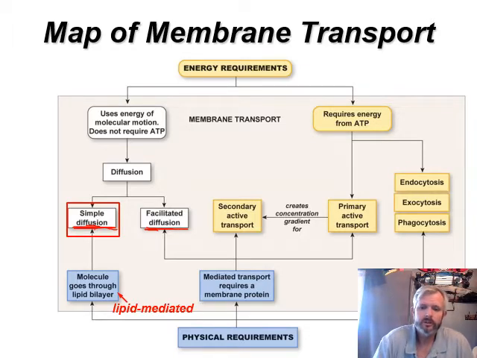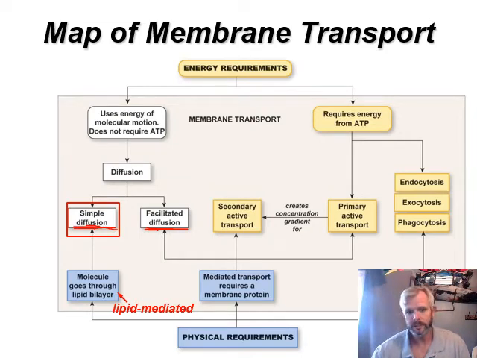So what kind of molecules can do simple diffusion? We already said the plasma membrane is selectively permeable, and what's allowed to move directly through the actual plasma membrane? Small things and usually non-polar. Water's an oddity in that it's polar, but it's small enough that it's able to move through.